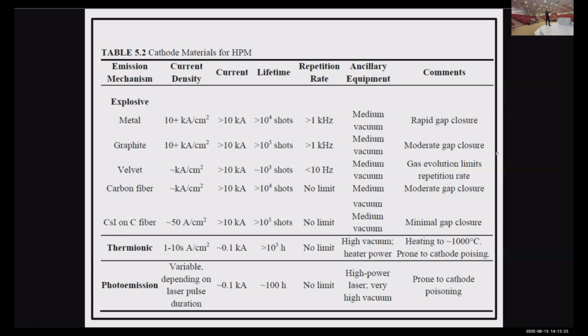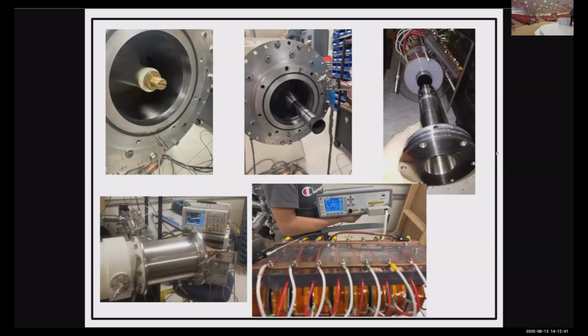I will come back to this and explain more about why people started thinking about having fiber, and how the coating will affect the cathode or improve the life of the cathode and the performance of the tube. But I just want to show next one of the lab experiments.